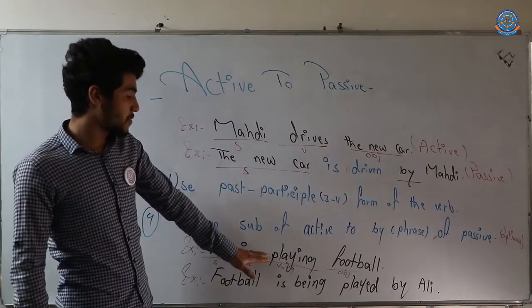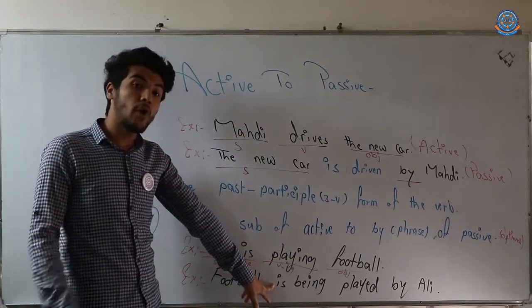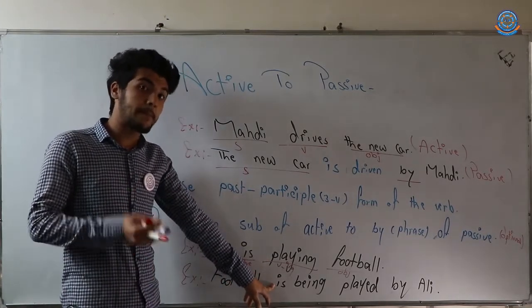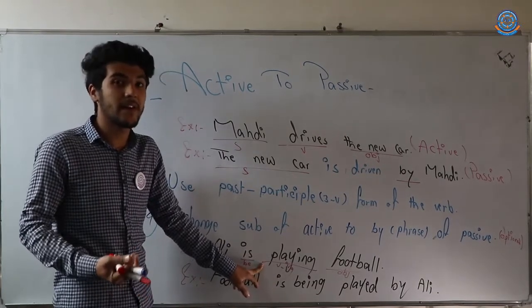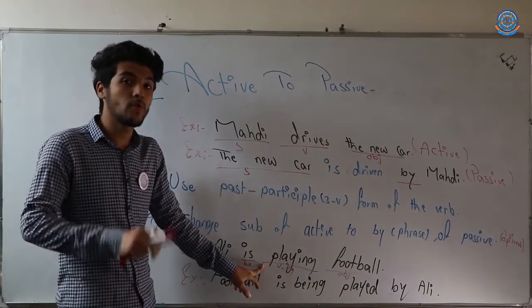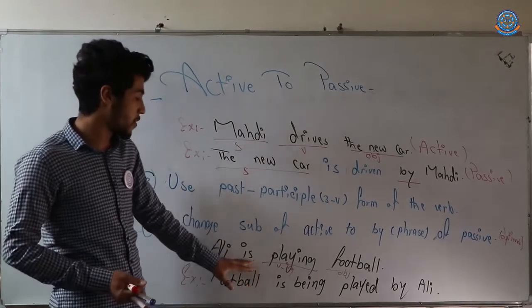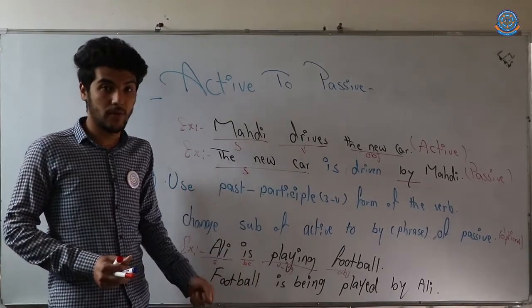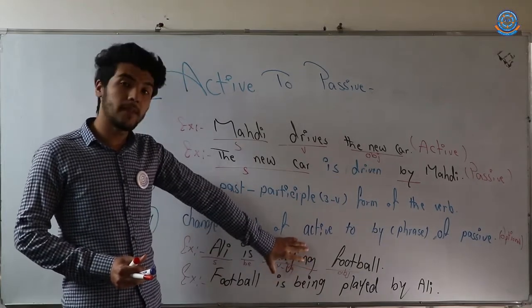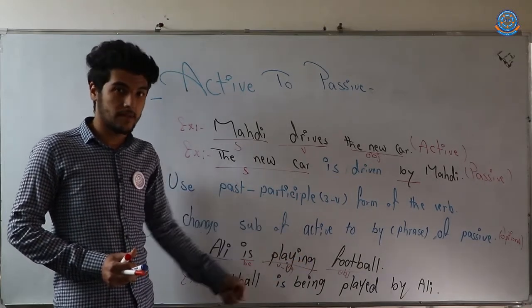Because that is present progressive tense, we use is, am, or are before being. If that is a past progressive tense, then we use was, were plus being. If that is future continuous tense, then we use will plus be being. I mean, according to the active sentence's tense, we select which auxiliary verb we should use before being to complete the meaning of a progressive sentence.